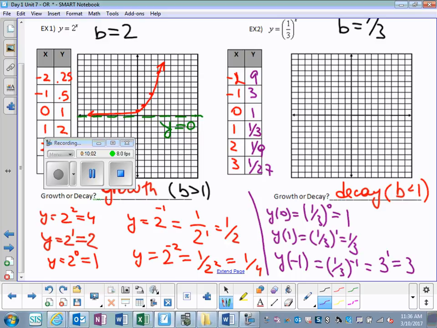Perfect. So let's plot it. What do you think my horizontal asymptote here will be? Again, y equals 0, right? Because on the right here, I'm getting closer and closer to 0, but will never reach it.